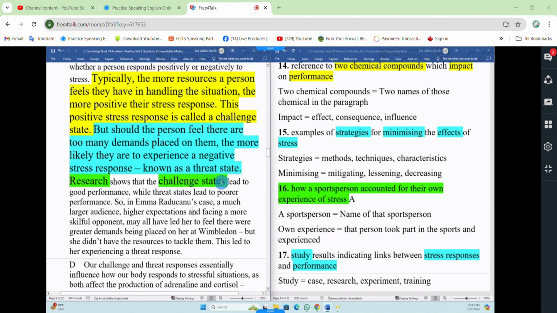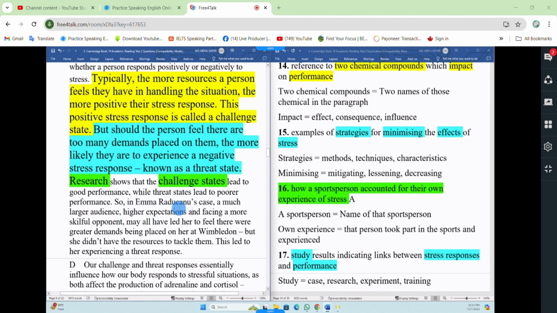This positive stress response leads to good performance, and negative stress response, the threat state, leads to poorer performance. That means there is a relation between stress response and performance.